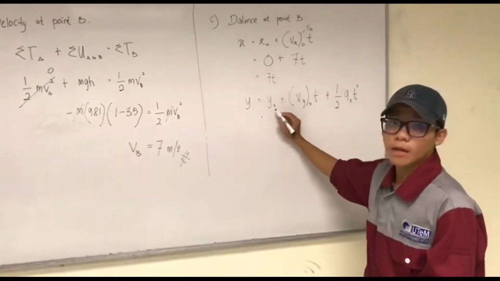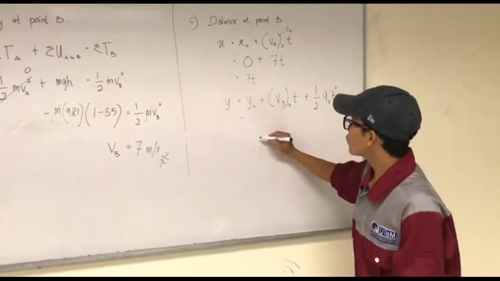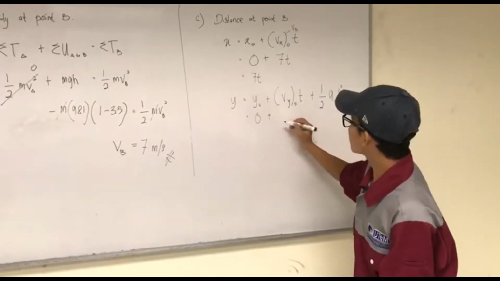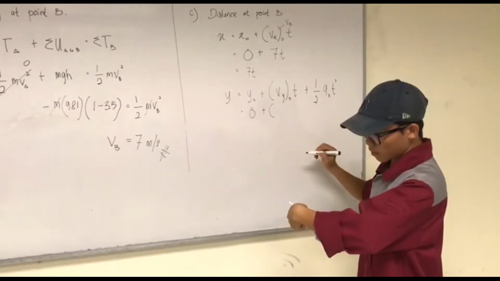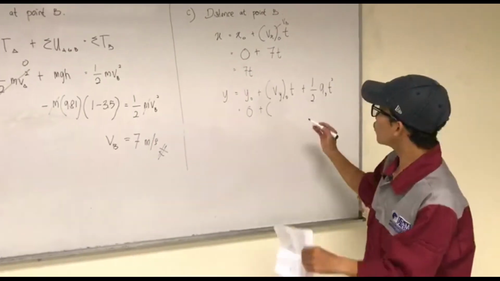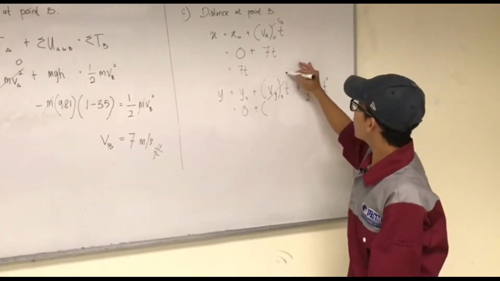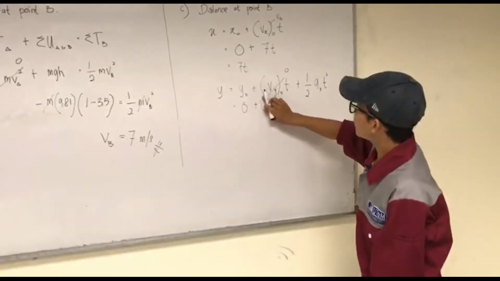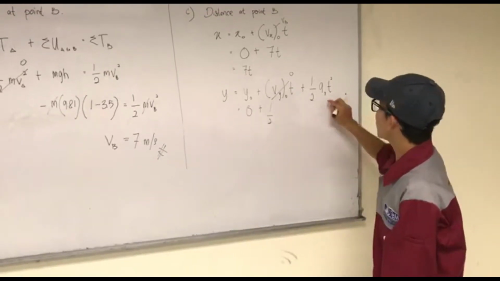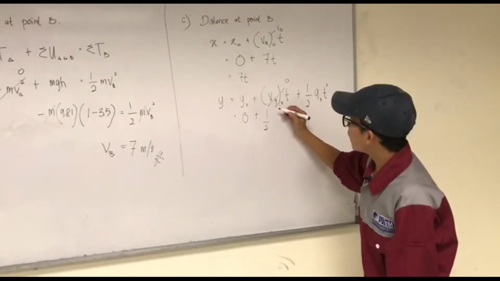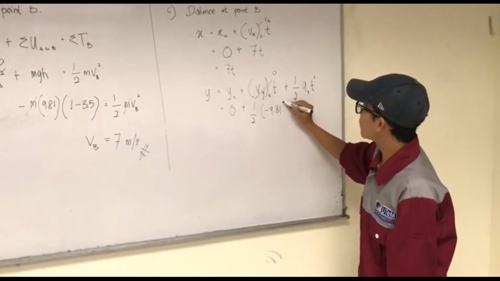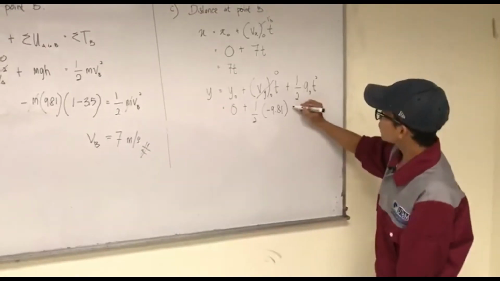So y naught we get from the data, so we get 0, and then plus Vy naught t, not given, so 0, and then 1 over 2 times the acceleration, which is fixed, so negative 9.81 and t squared.